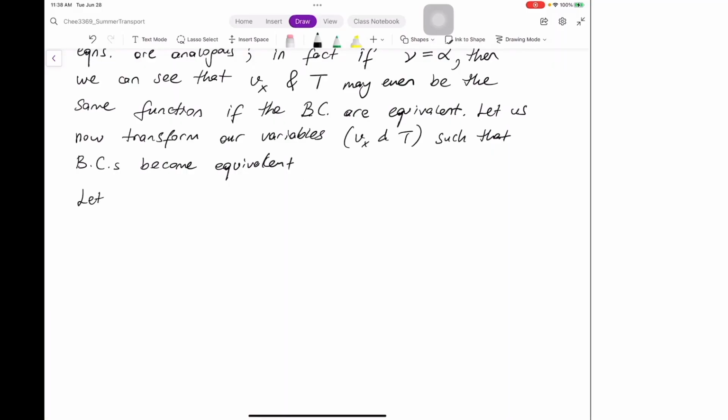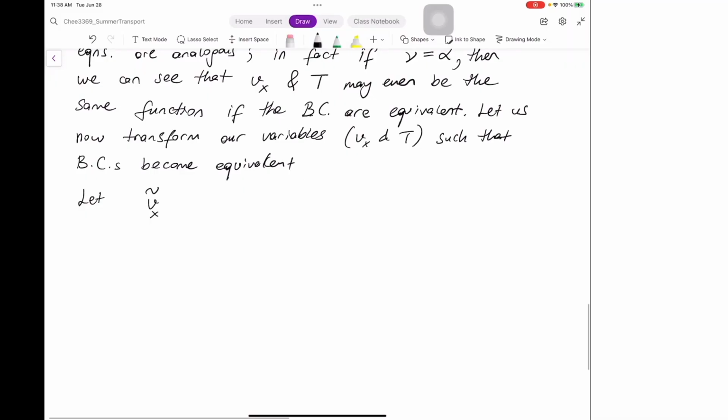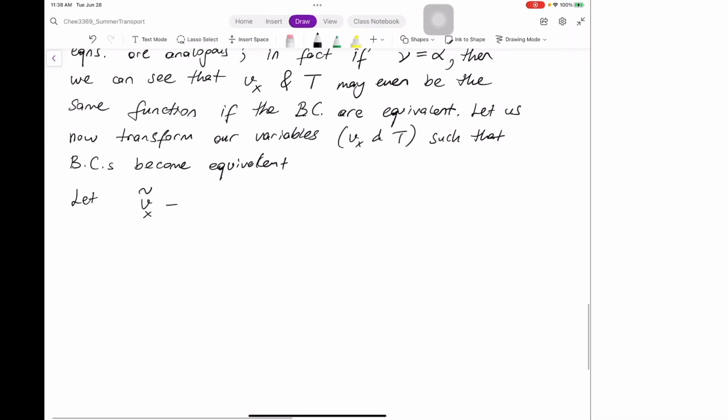Let Vx tilde be the non-dimensional velocity, equal to Vx over V infinity, and theta is equal to T minus T wall divided by T infinity minus T wall.